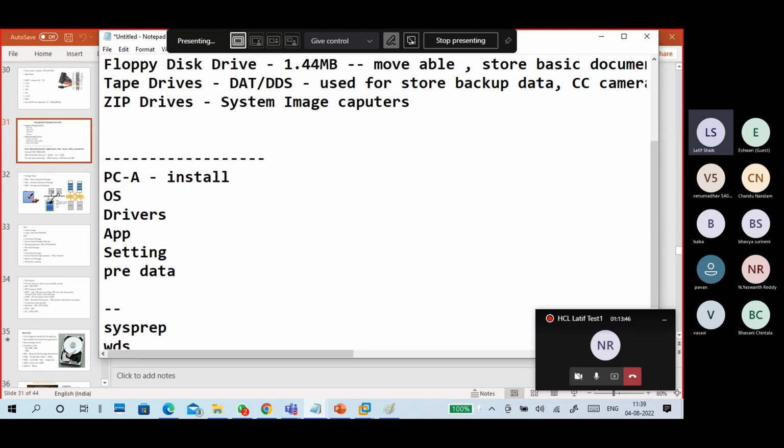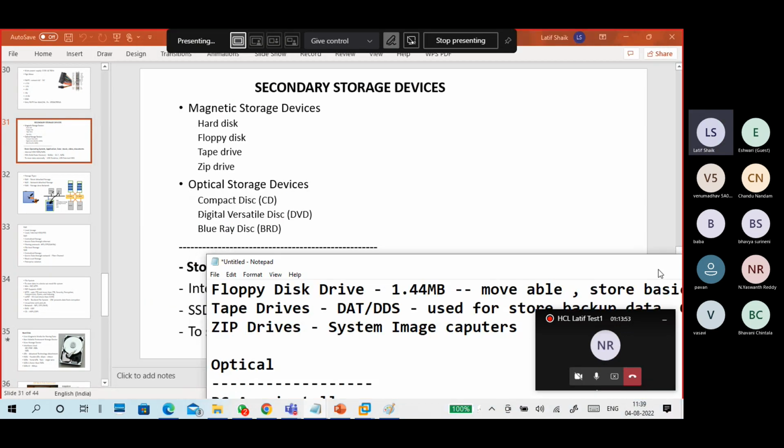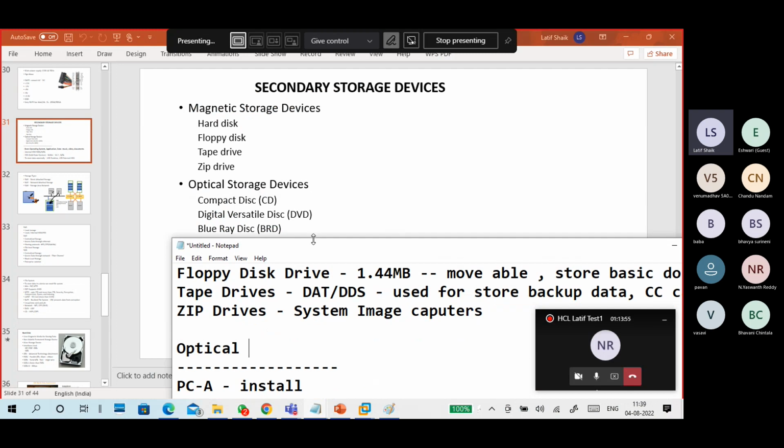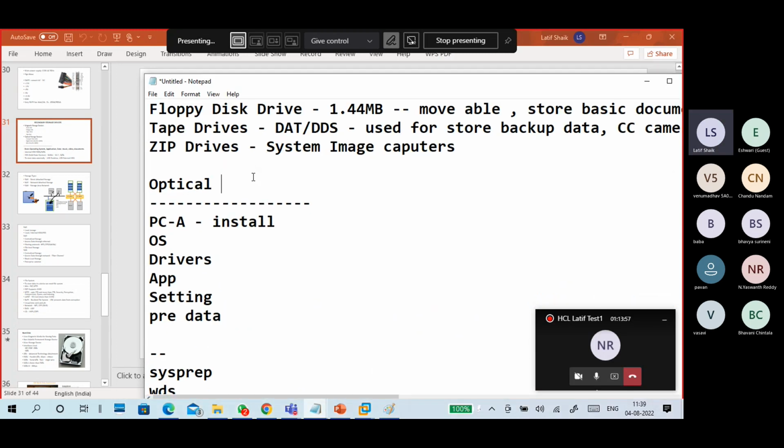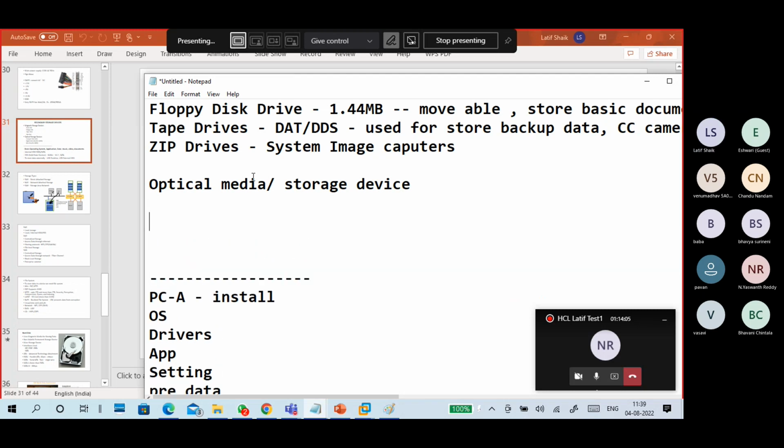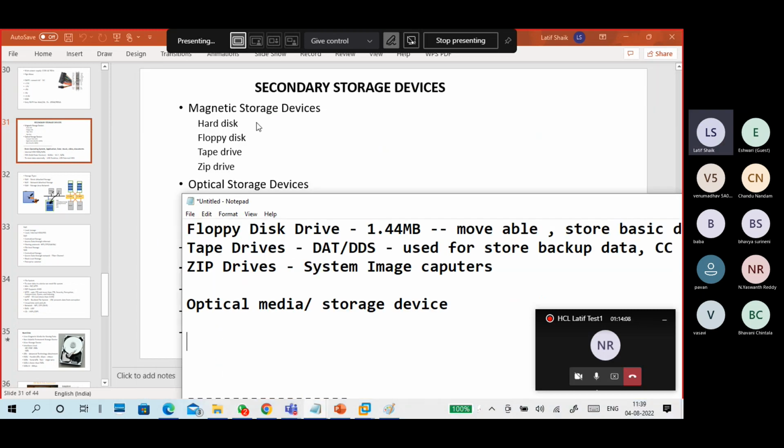Okay, next one is optical drives, optical media, optical storage devices. On the magnetic side, the hard disk has an aluminum disk with a magnetic coat on it.